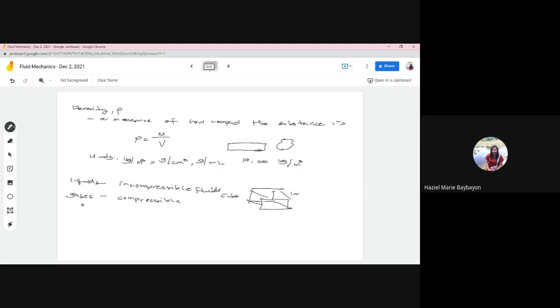For example, the density of air at 20 degrees Celsius is different from the density of air at, for example, 50 degrees Celsius. So for compressible fluids such as air and any other gases, the density varies with temperature and pressure.